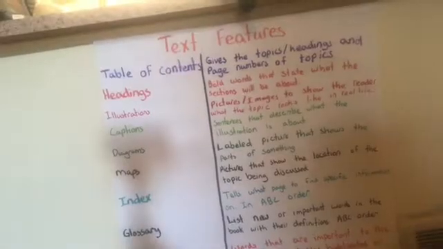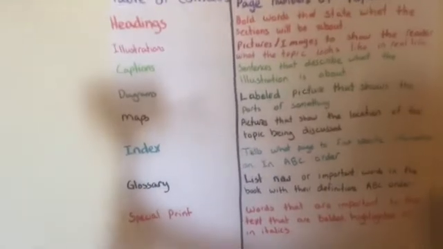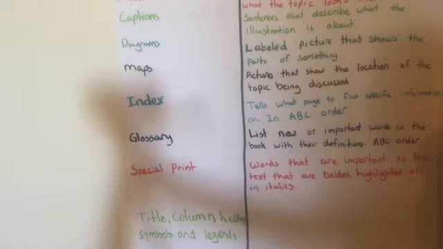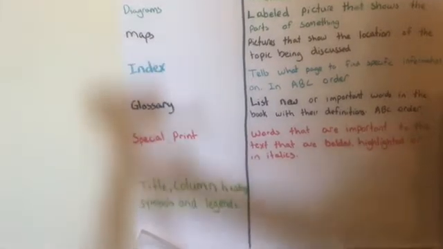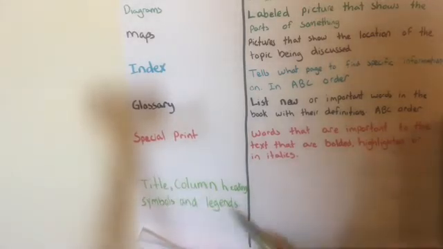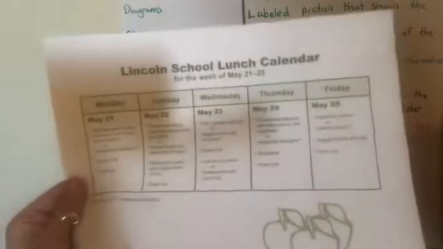Okay, third graders, I went ahead and created a text feature chart with all of the different text features we've been talking about over the last week. And now I want to add another one we learned about today, and that is title, column headings, symbols, and legends. These are the text features that we saw in the 7-day forecast as well as in the calendar.